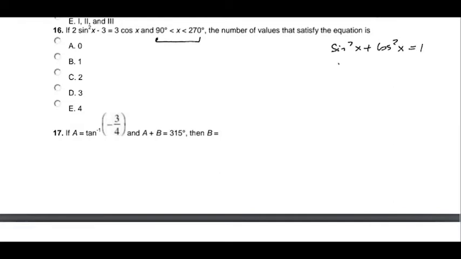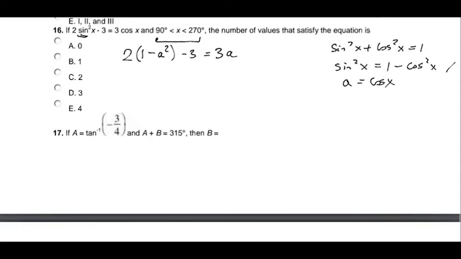So remember, sine squared x is equal to 1 minus cos squared x. So we'll introduce the variable a is equal to cos of x. Now this is going to simplify everything. So I can replace the sine squared x by 1 minus a squared. So we get 2 by (1 minus a squared), just replacing the cos squared with a squared, and then minus 3 is equal to 3 cos of x, which is 3a.